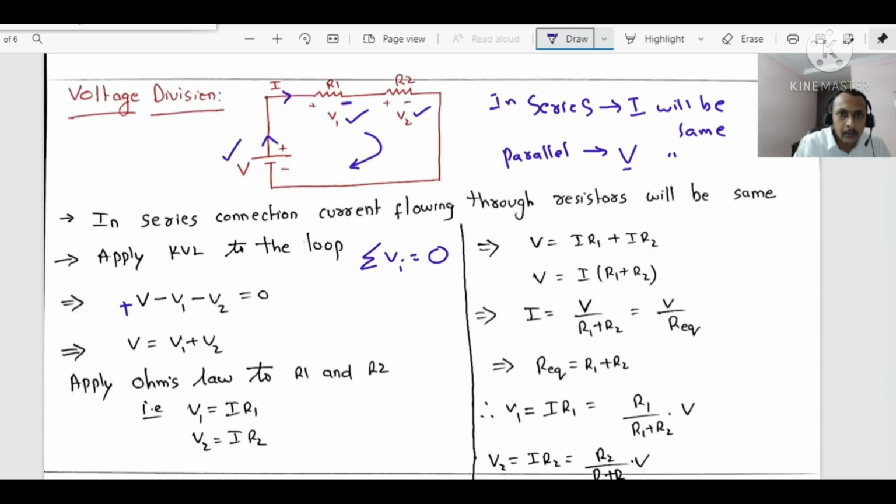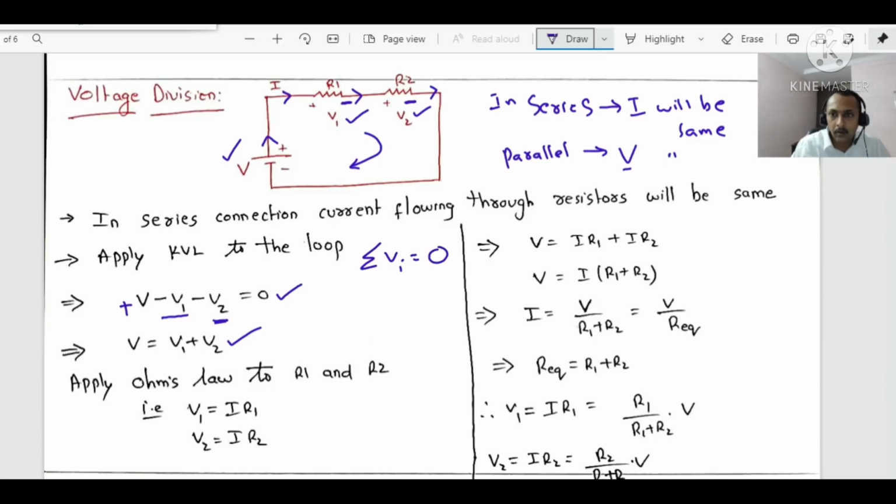Current is leaving at the negative terminal of the resistor R1, so the voltage across R1 is V1, and you have to take minus V1. Current came up to here. Across R2, current is leaving at the negative terminal, so minus V2 equal to 0. If you simplify, V equal to V1 plus V2.